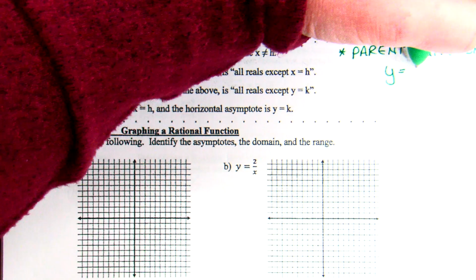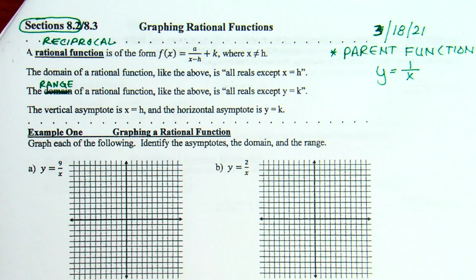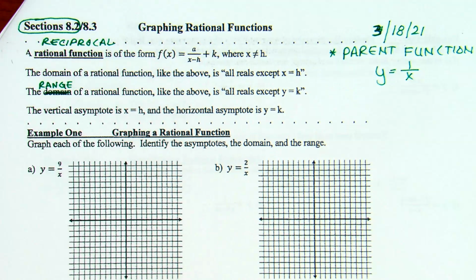So everything we're doing today is based on the basic graph y equals 1 over x, which is those 2 basic curves. So we're going to work with those two curves, and we're going to use these equations to do this.